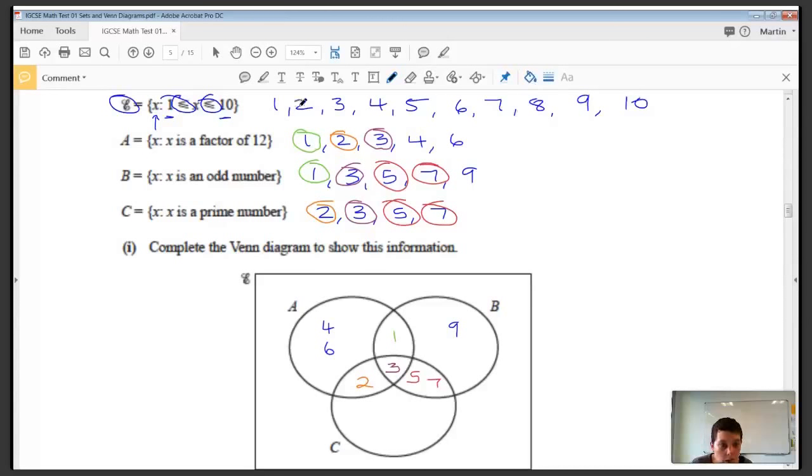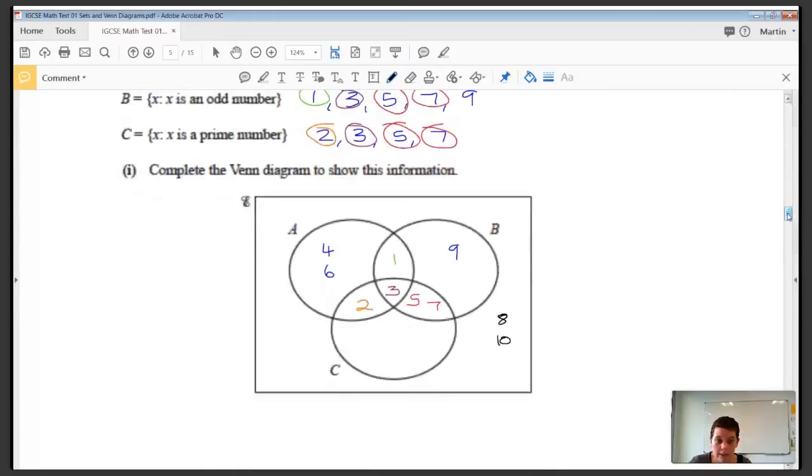So I do this by elimination. We've put in 1, 2, 3, 4, 5, 6, 7. We haven't put in 8. We've put in 9, and we haven't put in 10. So 8 and 10 go outside of our circles because they're not in A, B, or C, but they are part of our universal set.